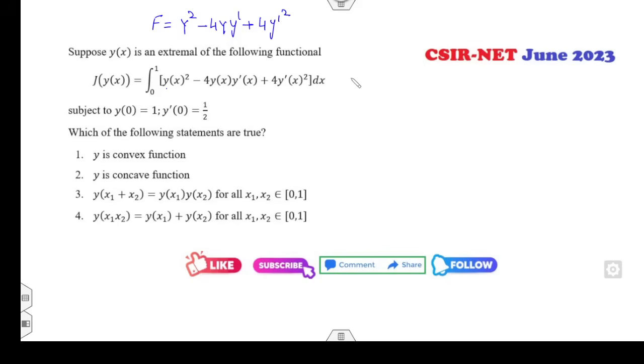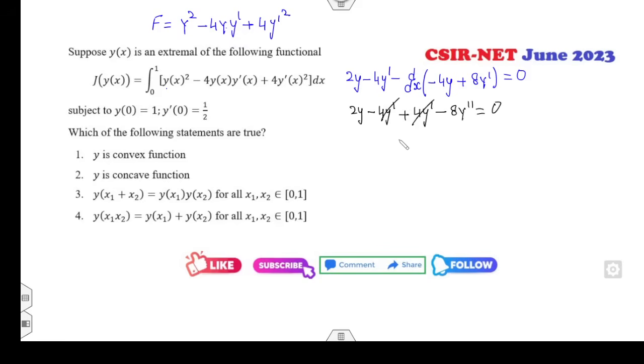Let's start with the Euler equation. So 2y minus 4y dash minus d by dx of the derivative with respect to y dash, minus 4y plus 8y dash, is equal to 0. So I can substitute: 2y minus 4y plus 4y dash minus 8y double dash is 0. I can divide it by 2.